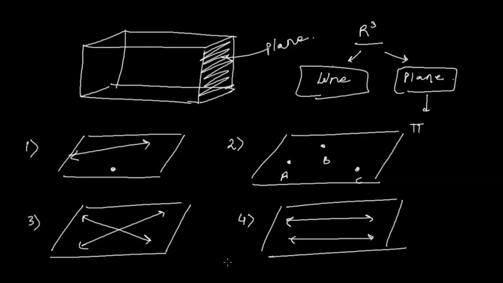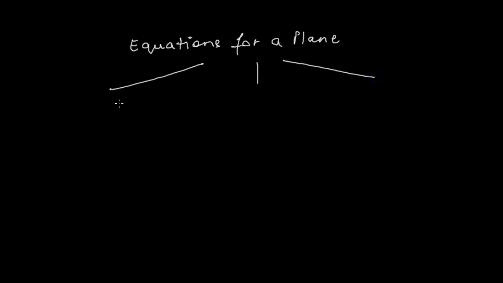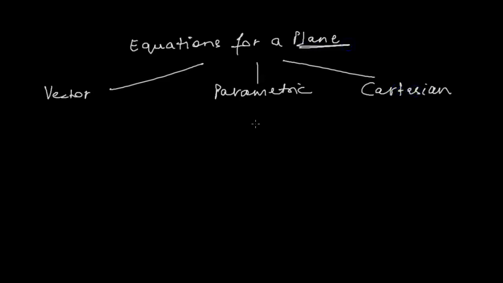As we now understand what the plane is and how can we make planes, now let's go over the process to determine the equations of a plane. Equations for a plane are also of 3 types, same as the line equations. So we would have vector equation for a plane, we would have parametric equations for a plane, and we would have Cartesian equations for a plane. How is a plane different from a line?